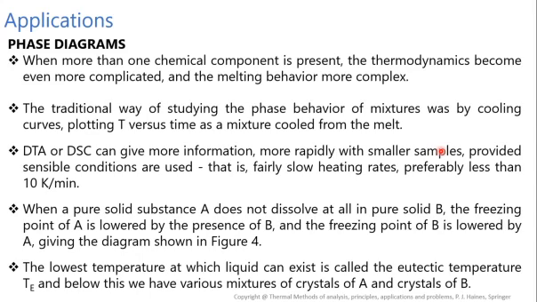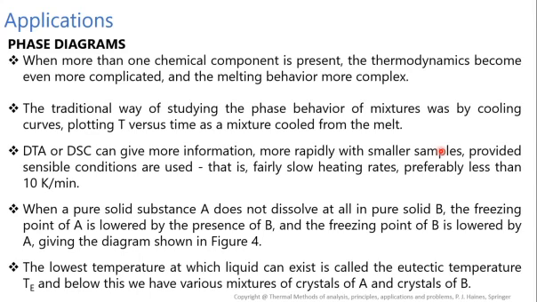But for a mixture of compounds, it is very difficult to analyze. The traditional way of studying the phase behavior of a mixture was by plotting cooling curves, temperature versus time, as a mixture cooled from the melt. This is the traditional way to draw phase diagrams.